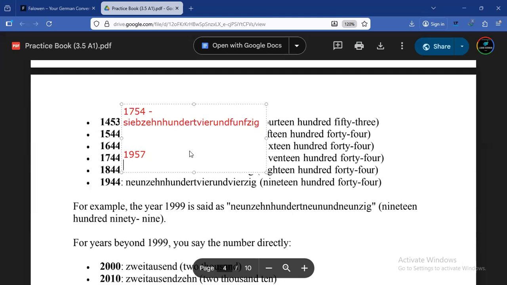So let's try the last one. 1534. Fifteen 34. 1500. 400. Yes, so 1500 here and right.